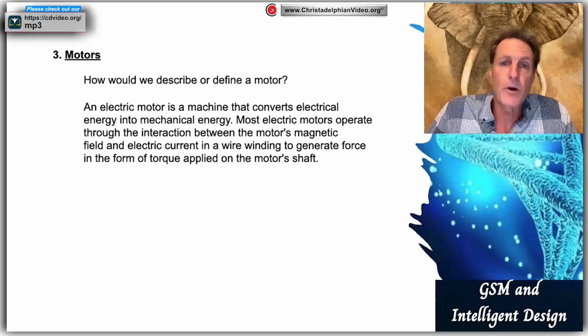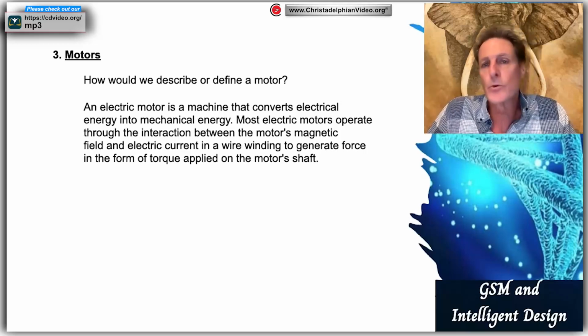Most electric motors operate through the interaction between the motor's magnetic field and electric current in a wire winding to generate force in the form of torque applied on the motor's shaft. And that's the objective at the end of the day, to turn this shaft to have some purpose.